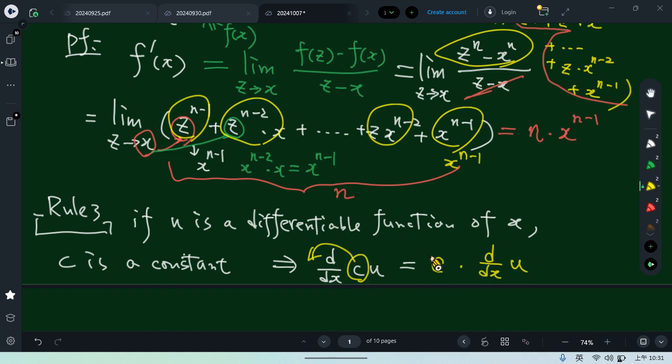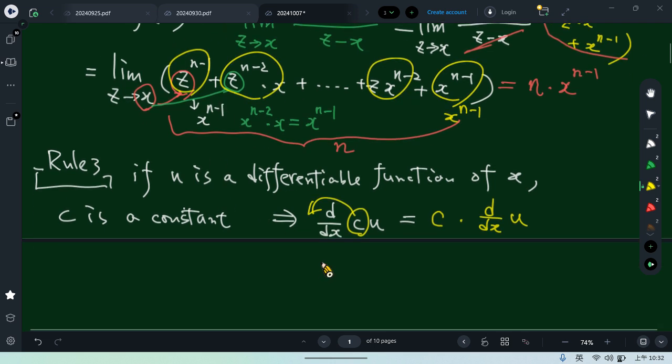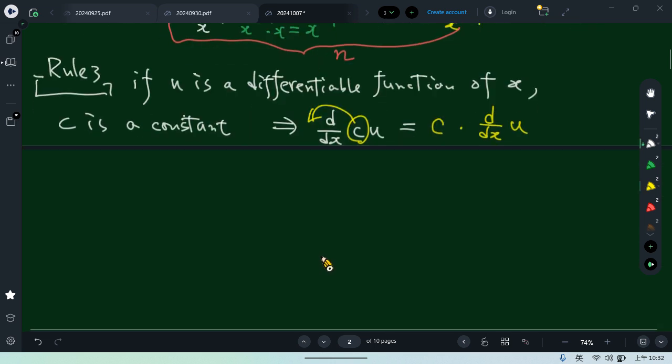This is very simple. You can even use the definition to get the result, but we will just bypass the definition.